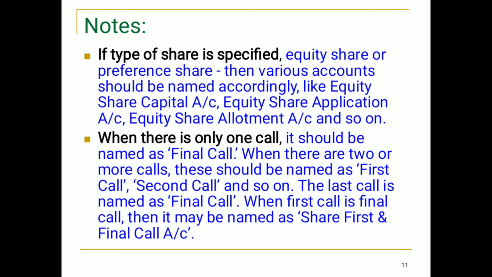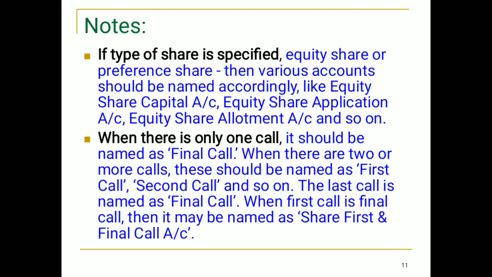The second note says, when there is only one call. See, now what does one call mean? I said there are 4 installments. The first is application, second is allotment, third is first call, fourth is second call. But if the amount has been collected in 3 installments, first will be application, second will be allotment, and third, if there is only one call, instead of first and second, then it is to be named as final call.